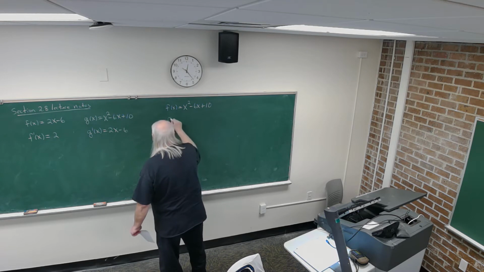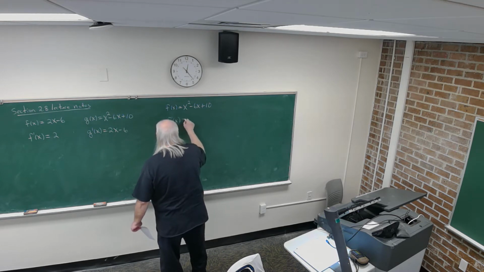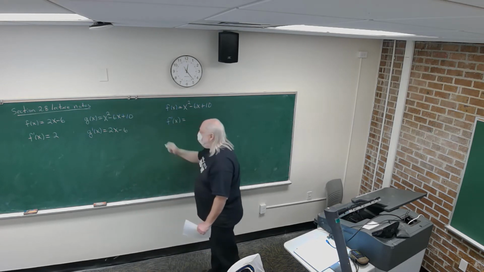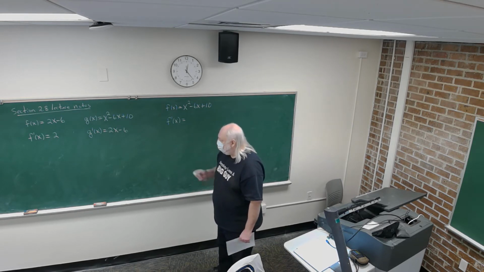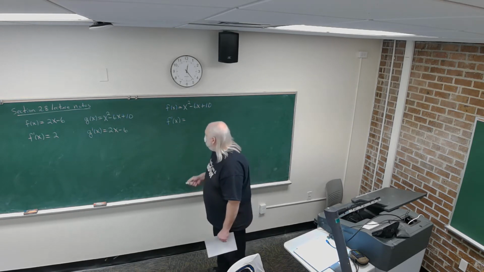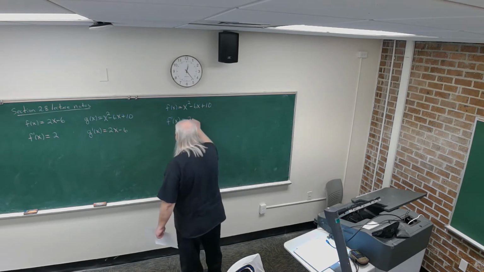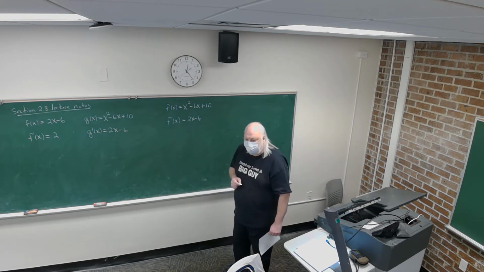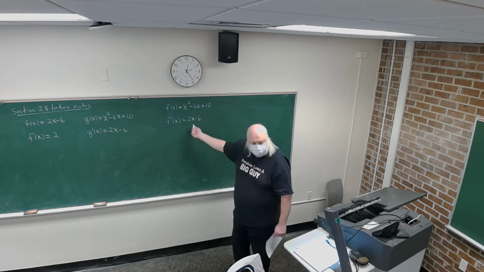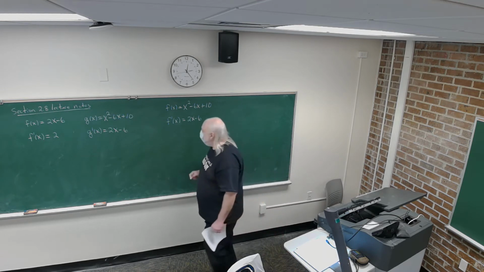And so we know the derivative of f of x from previous work in section 2.8. Using the definition of derivative, f prime of x is equal to 2x minus 6. This is a differentiable function. It has a derivative.